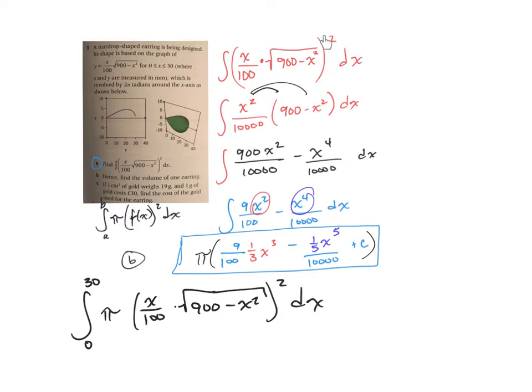But we already found this part, so we know that the answer is going to be pi times 9 over 100, or times, I guess, 300, my bad, x cubed minus x to the 5th over 50,000. And then we're going to evaluate that from 0 to 30. By all means, use a calculator. You're totally welcome to. I'm just trying to draw some connections about this thing and the antiderivatives you can find.